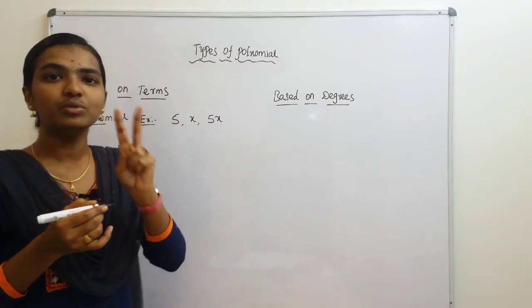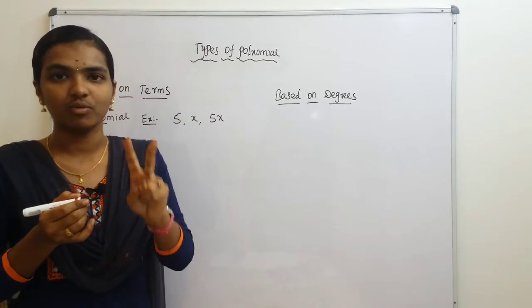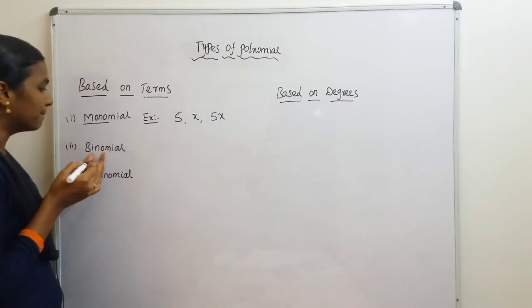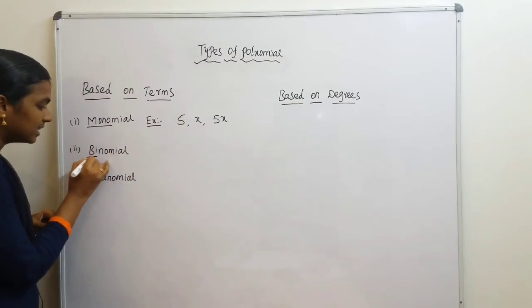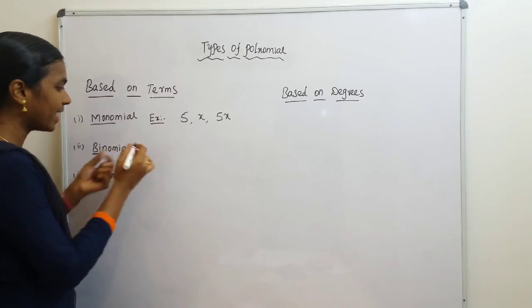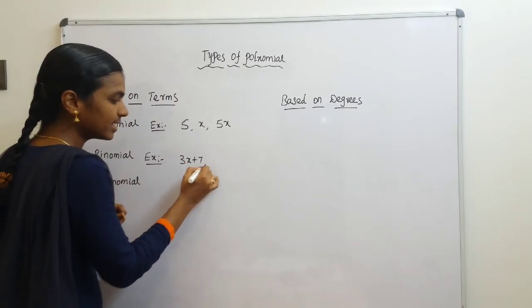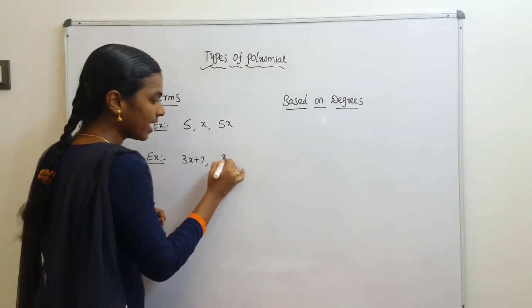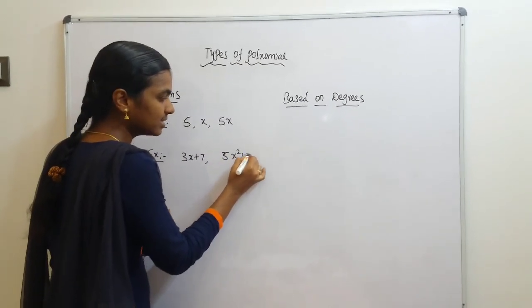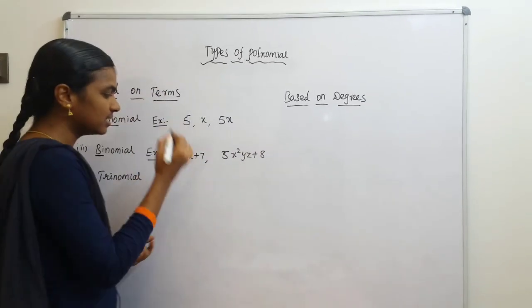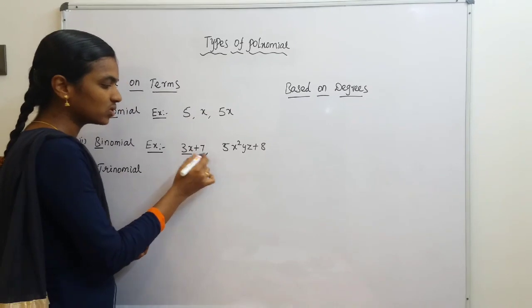If a polynomial has 2 terms, the name is binomial. Bi is nothing but 2. For example, binomials are 3x plus 7 and 5x square yz plus 8. These all have 2 terms. Here 3x is one term and 7 is another, so there are 2 terms in total.